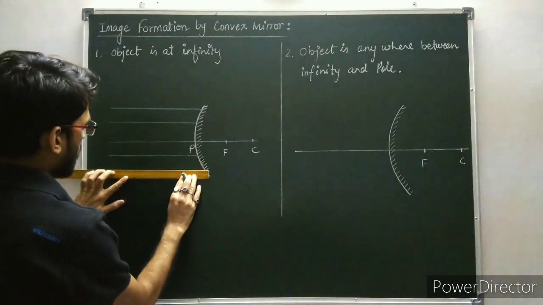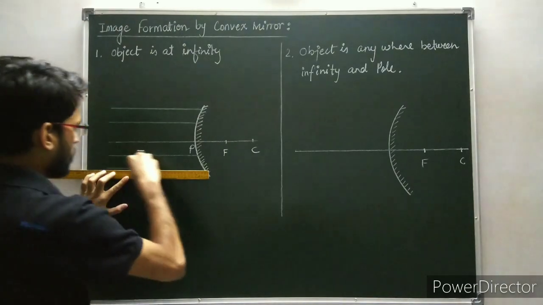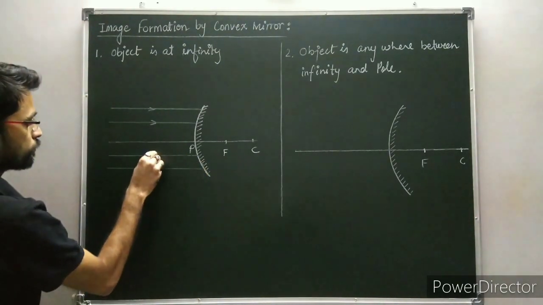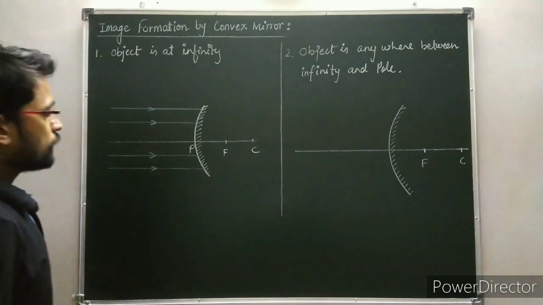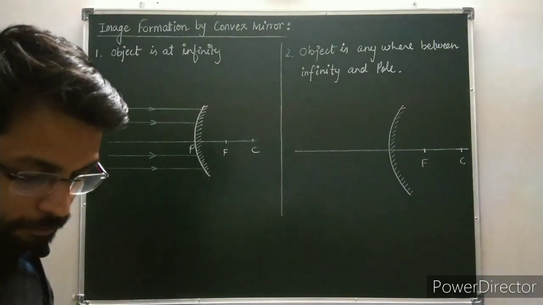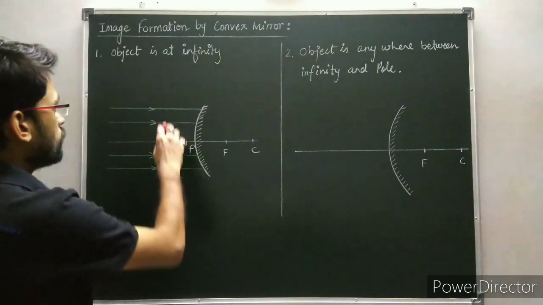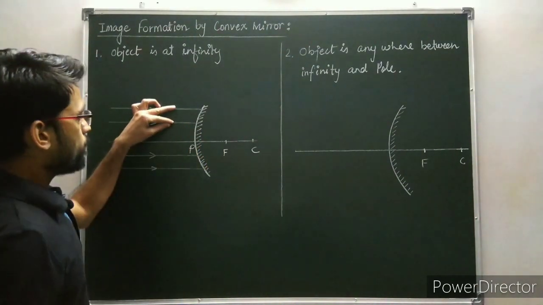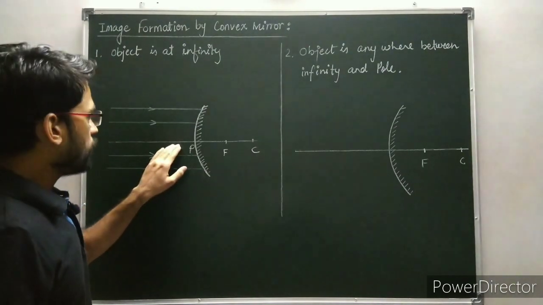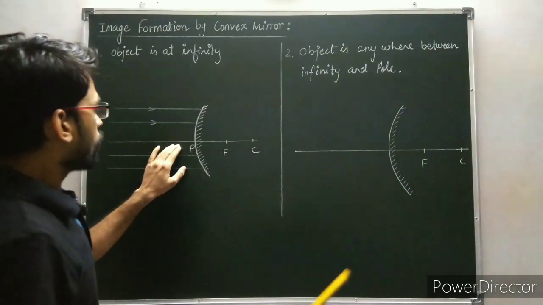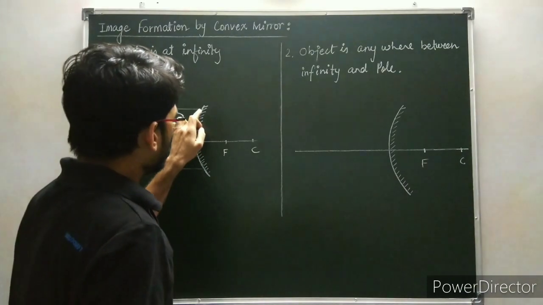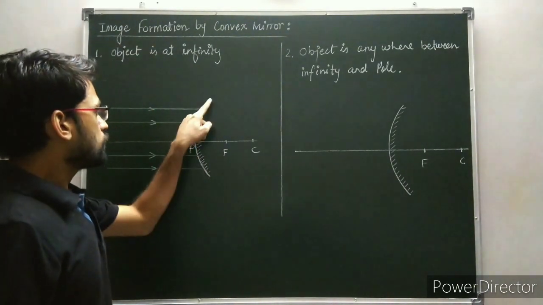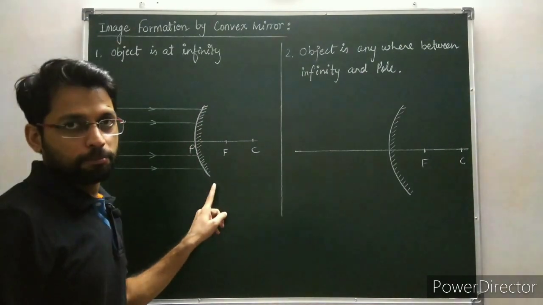Since we know that the light rays parallel to itself and also parallel to the principal axis appear to pass through focus after reflection from the surface of the convex mirror.